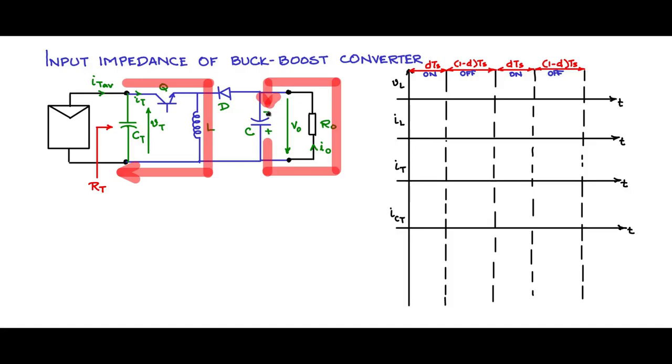Observe that the polarity is negative, as I told you. This potential is plus VT. Because Q is on, this potential and this potential will be the same, plus VT. This is minus V0, so the diode is reverse biased and is out of the picture. So you have one circuit here with the capacitor discharging in this fashion, and one circuit here with the current flowing through the inductor in this fashion.